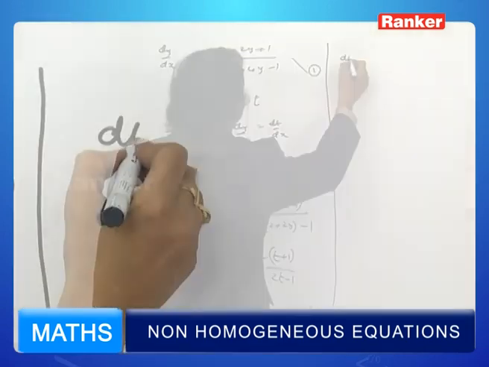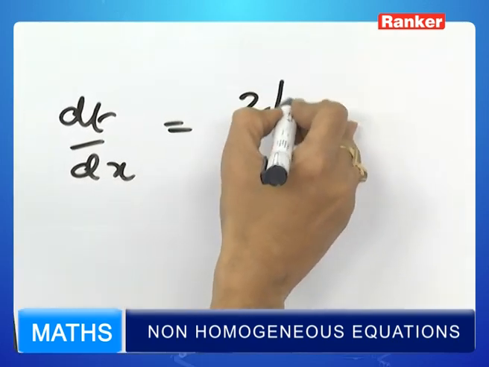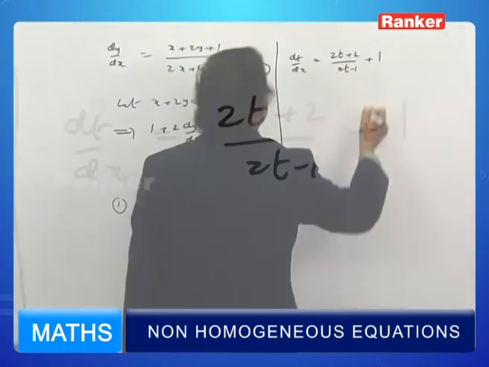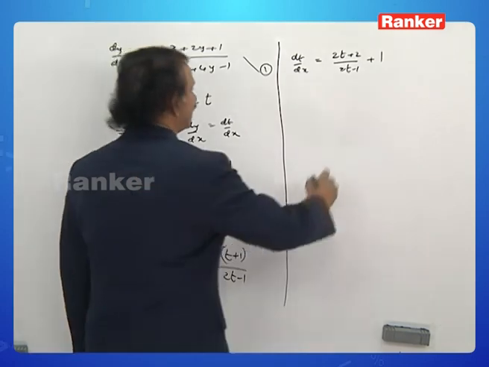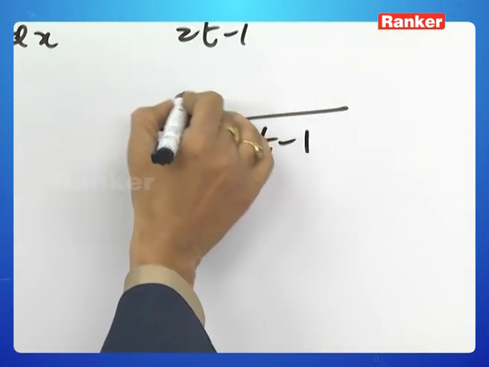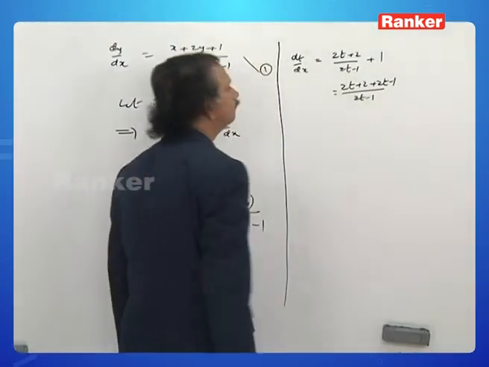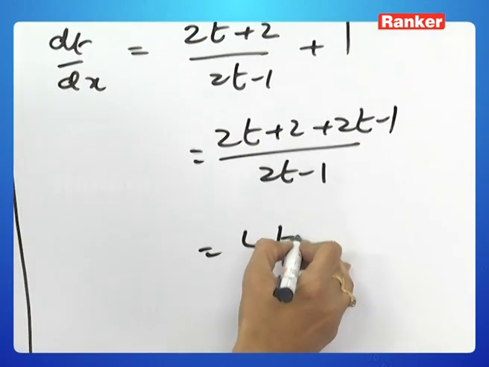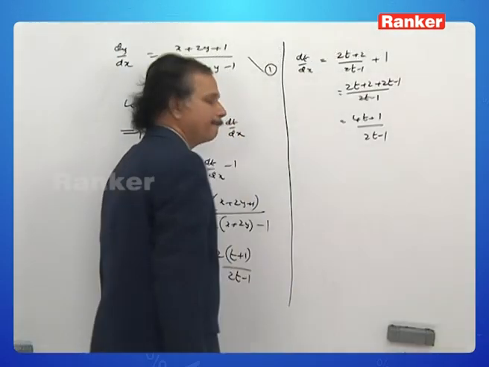From which dt by dx is therefore equal to (2t plus 2) by (2t minus 1) plus 1. And take the LCM now. This is 2t minus 1, 2t plus 2 plus 2t minus 1. Okay, this is (4t plus 1) by (2t minus 1).